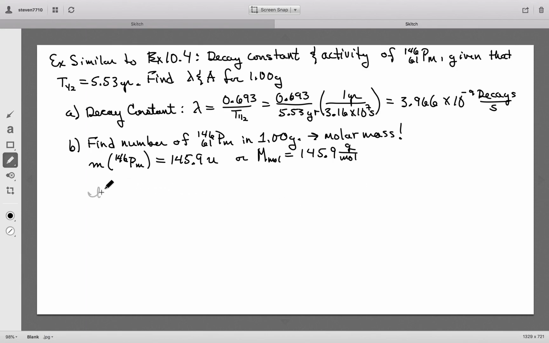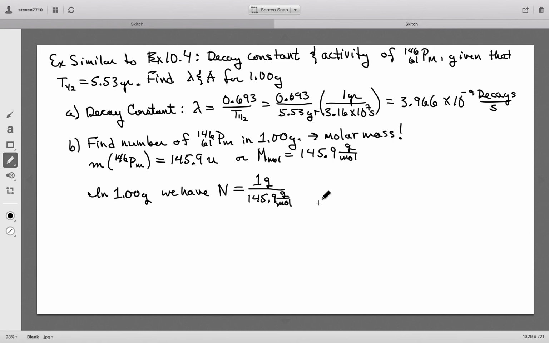In 1 gram, we have basically the number of nuclei. Well, if we know it's 145.9 grams per mole, and we know we have 1 gram, what fraction of a mole do we have? Well, that's 1 gram divided by 145.9 grams per mole.